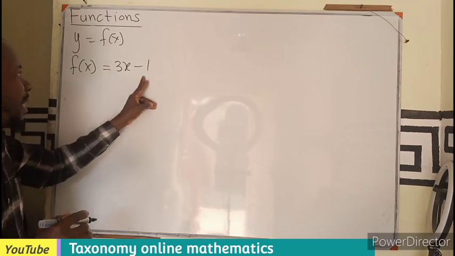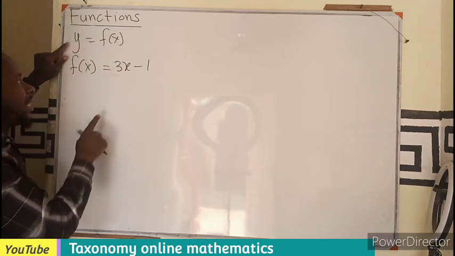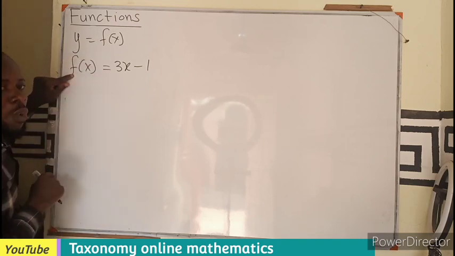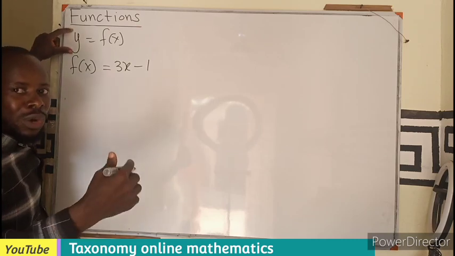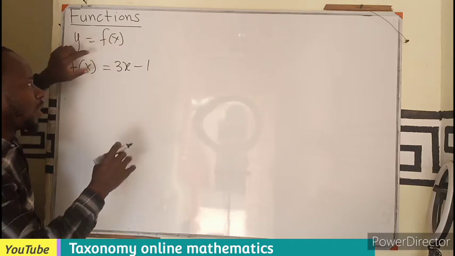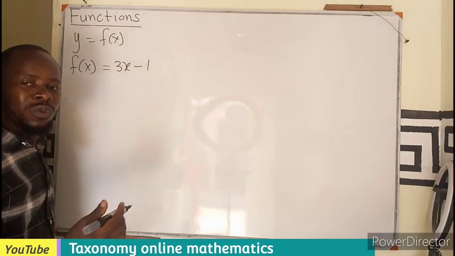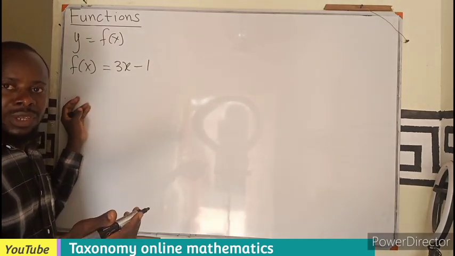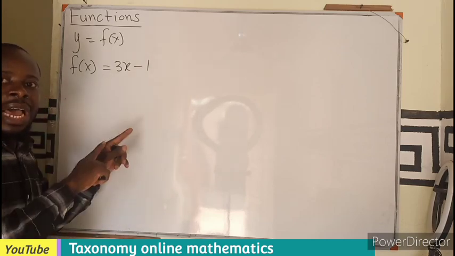Now, if y equals f of x, then f of x could also be equal to y. Don't forget, y is standing in for the codomain, then x is standing in for the domain. So if I've been given a function in this form, I can be asked to find the image of what? The domain. When I say the image, I mean the individual mapping of a particular element.